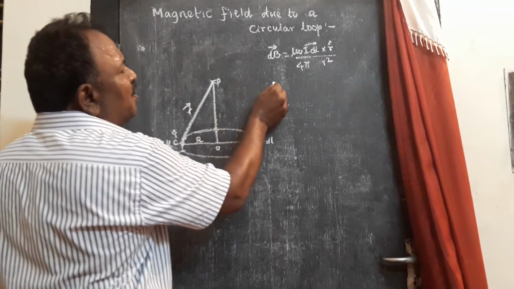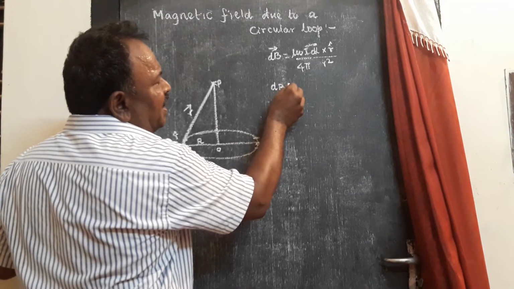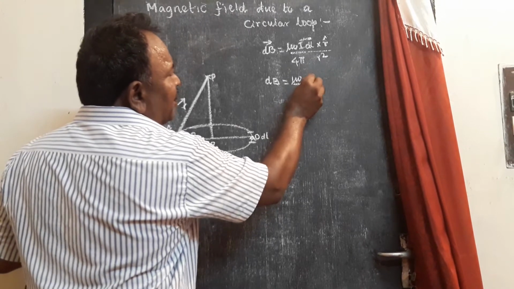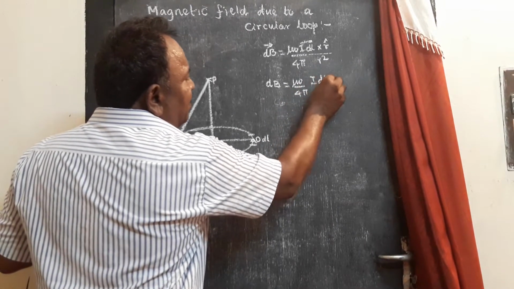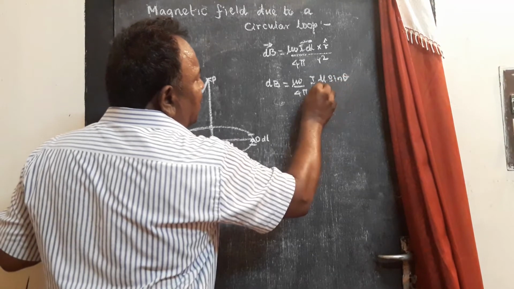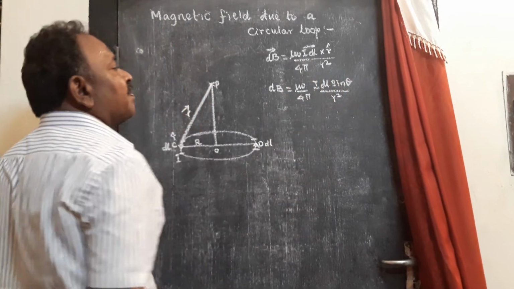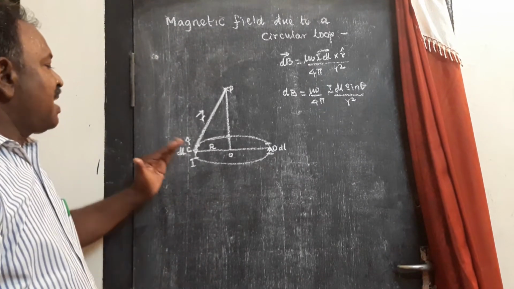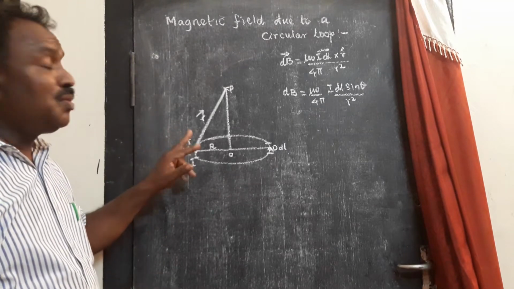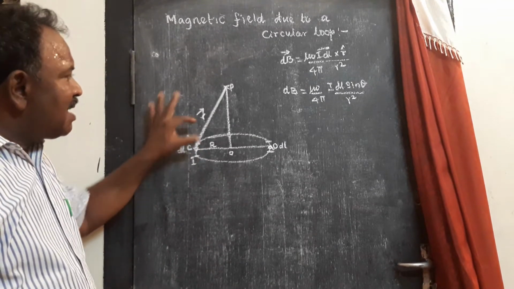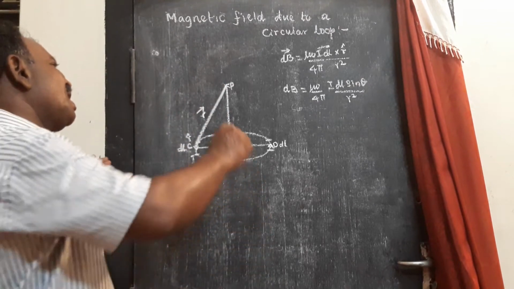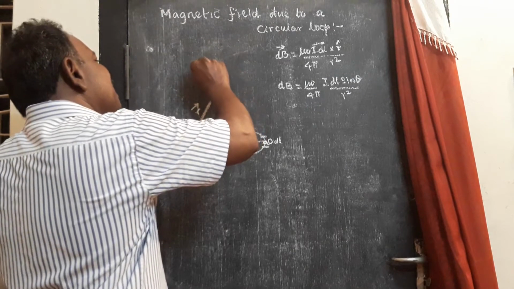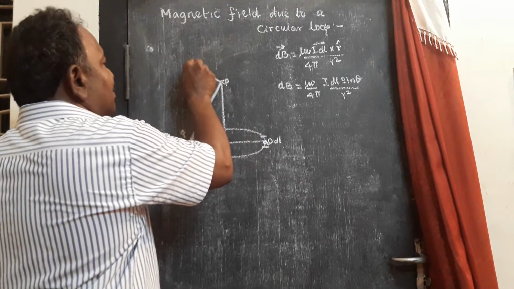The magnitude of the magnetic field is given by dB equal to mu naught by 4 pi, I dl sin theta by r square. What about the direction of the magnetic field? The direction is perpendicular to the plane containing the current element and the line joining. So this magnetic induction will be along PR.